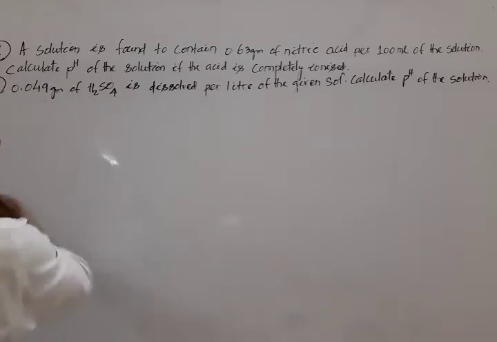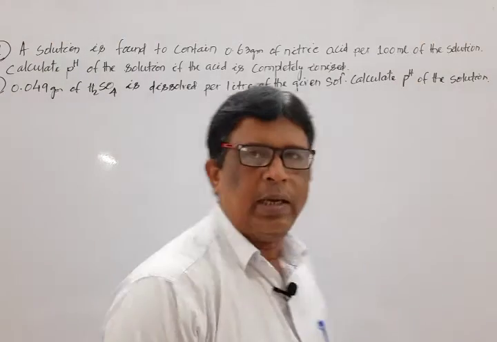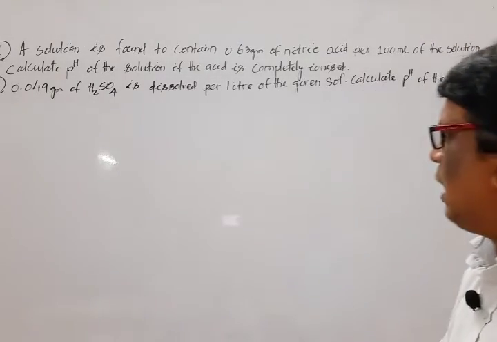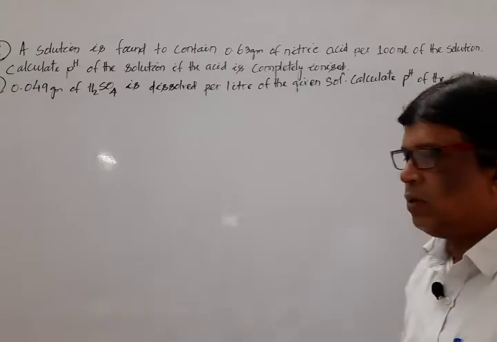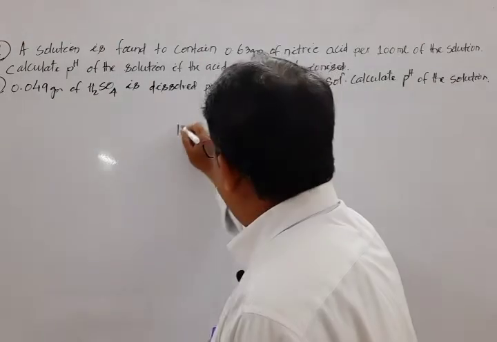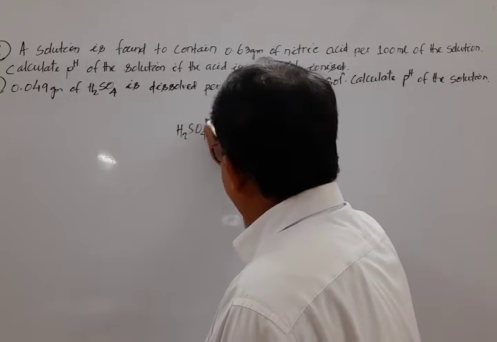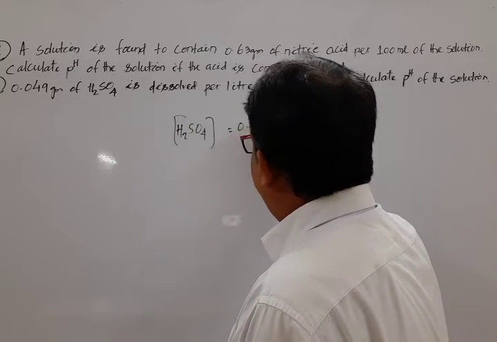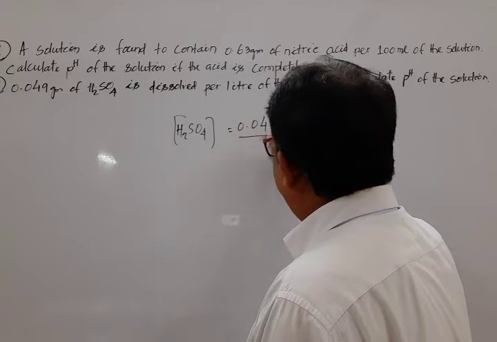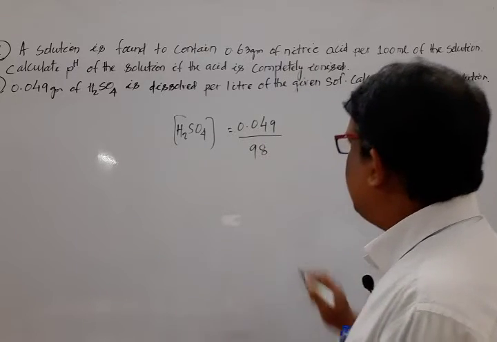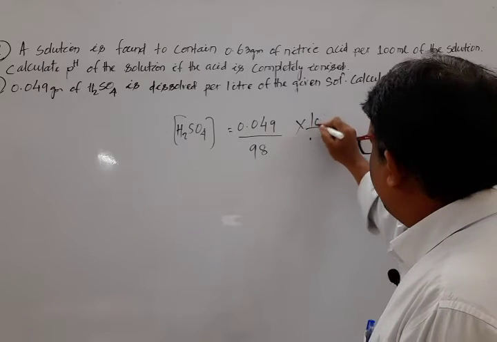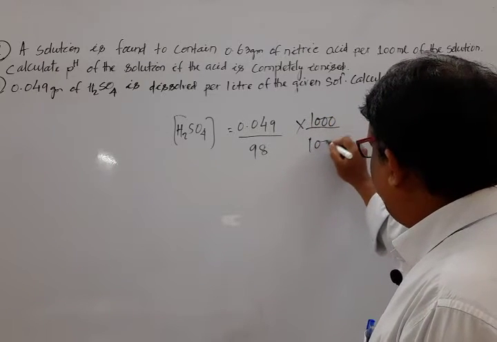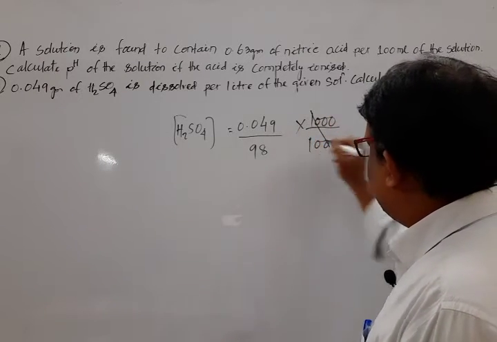Mark that. What is the next question? 0.049 gram of sulfuric acid dissolved per liter of the given solution. So here again we proceed similarly. Sulfuric acid concentration is 0.049, weight by molecular mass of sulfuric acid 98, per liter dissolved, means 1000 by volume is 1000, so cancel out.